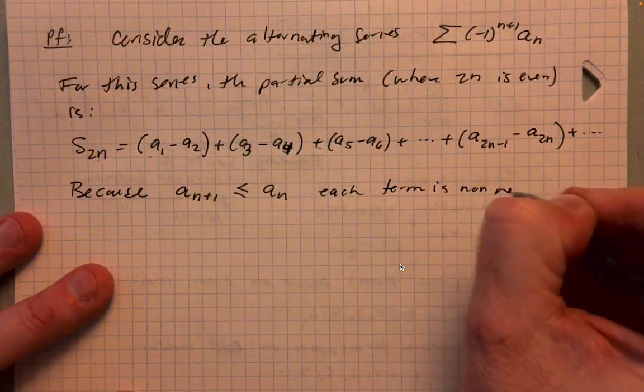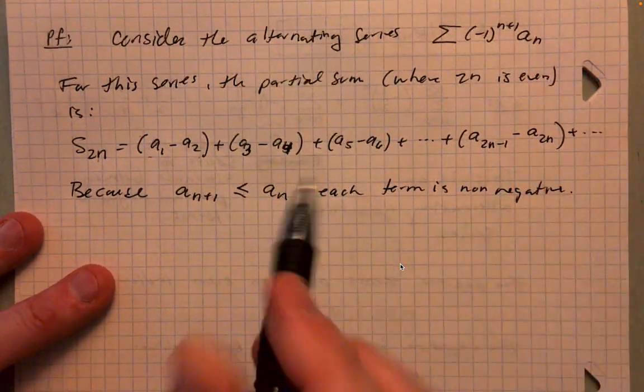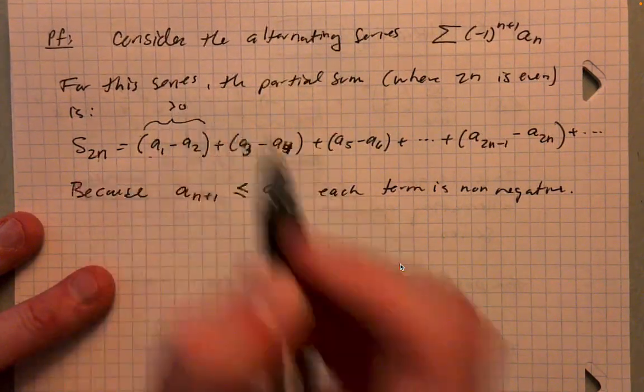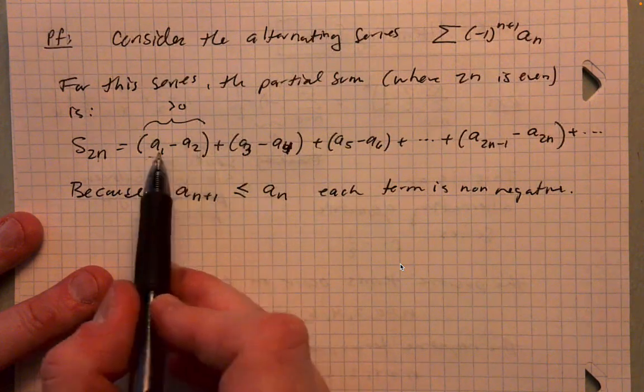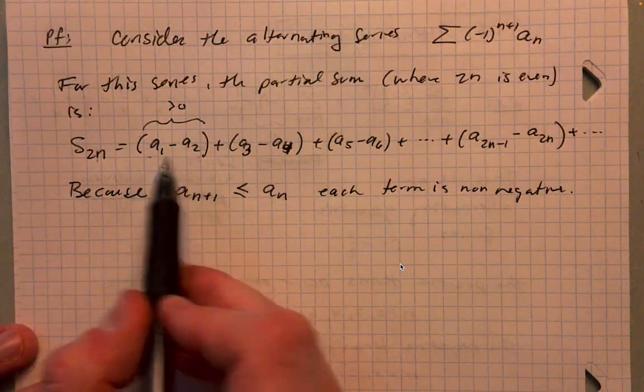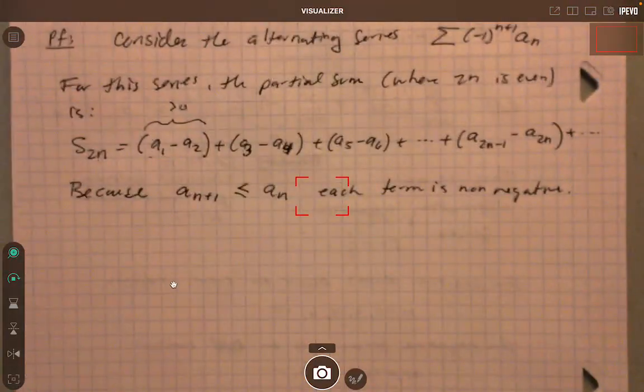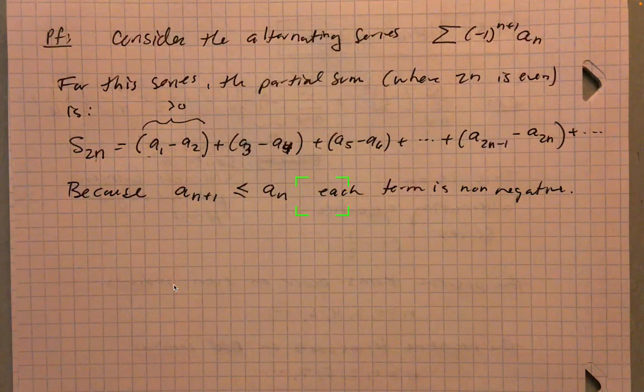What do we mean by that? Well, a1 minus a2 is a positive value, because a2 is smaller than a1, so when you subtract the two, you get a positive value. The same thing holds for all of the remaining terms.